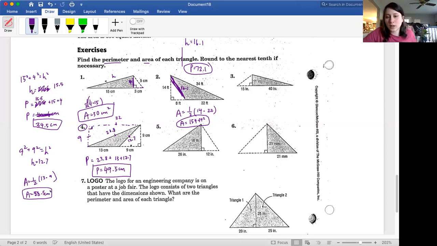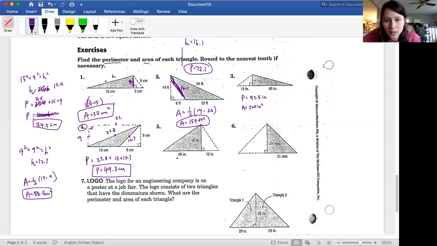You can pause, work out the rest of them. I'll put the answers up here. So number 3, the perimeter is 92.5. The area is 220 inches squared. This is just inches.